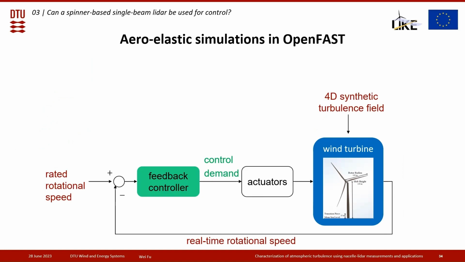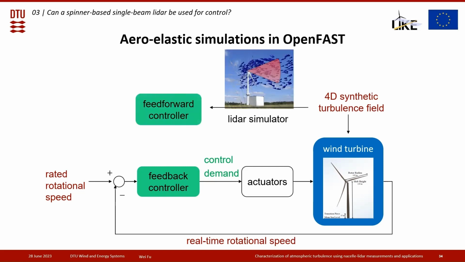It computes the difference and then generates some control demand to tell the actuator how much pitch angle the wind turbine should pitch in order to react to the wind. But because it's a feedback controller, it takes the rotational speed at the last timestamp, so it's a bit delayed.